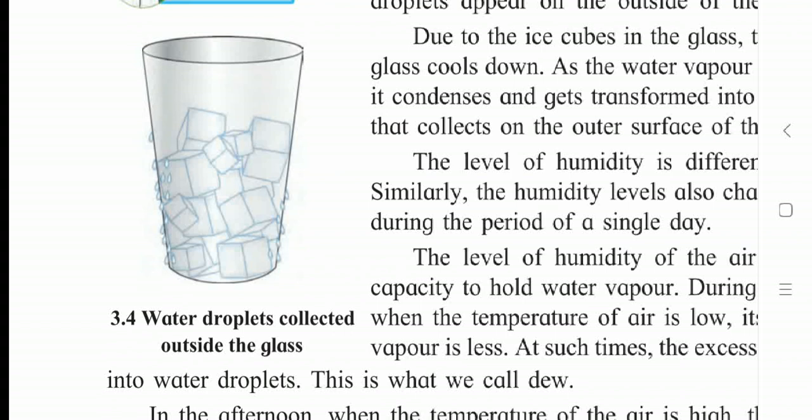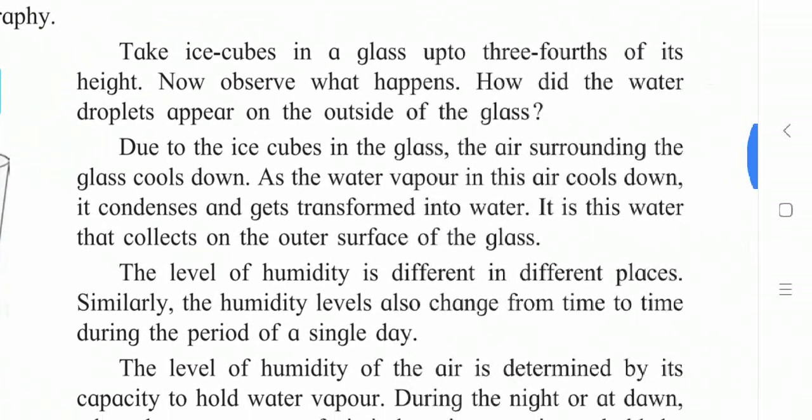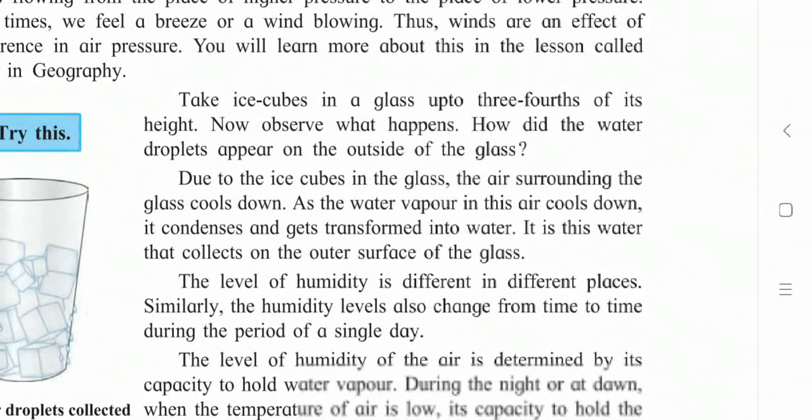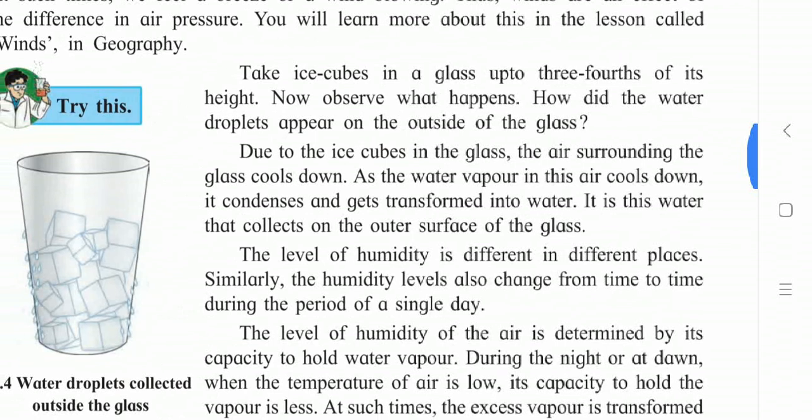At room temperature, after a few minutes, you can observe that water glass. You can see that water droplets are collected outside the glass. Why did this happen? How did the water droplets appear on the outside of the glass?